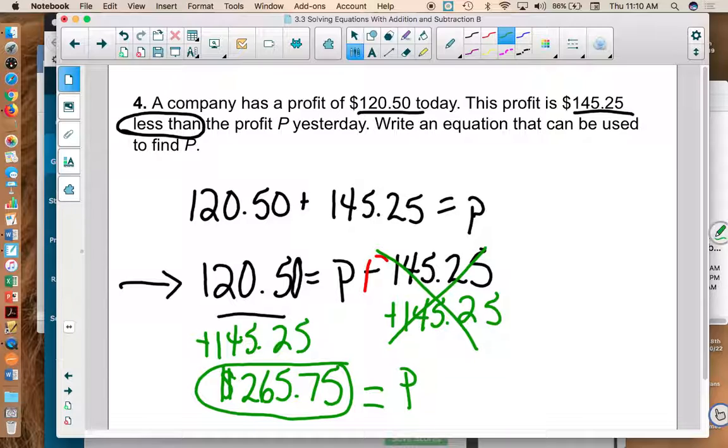Now, if I look up here, if the profit yesterday was $265.75, subtract out $145.25, what do you get? $120.50. So I know it checks. Okay?